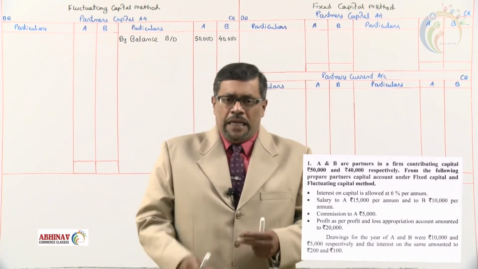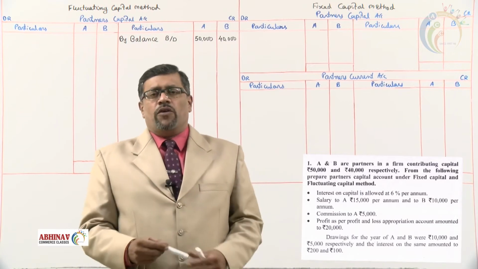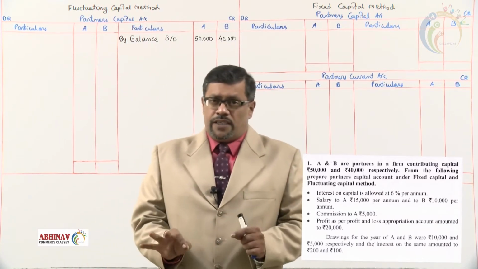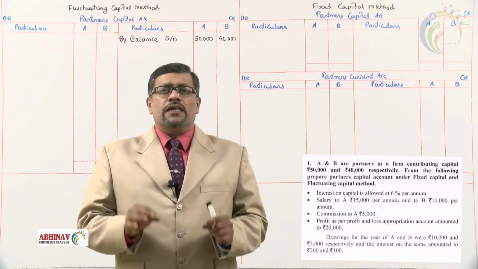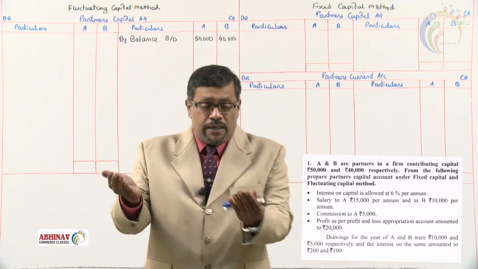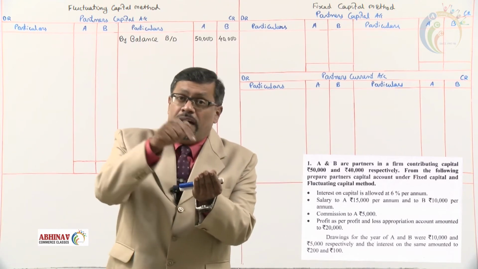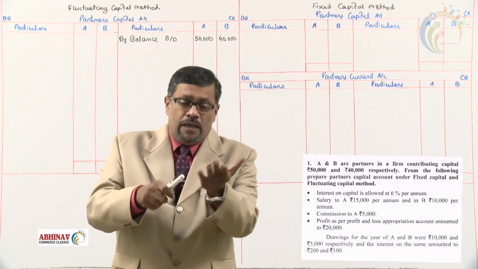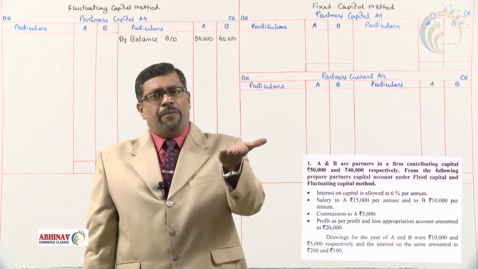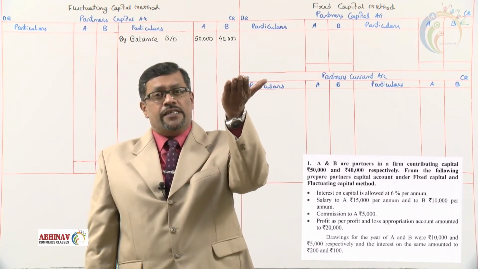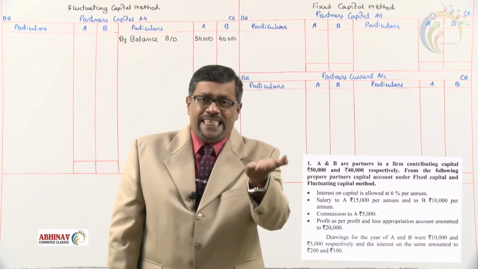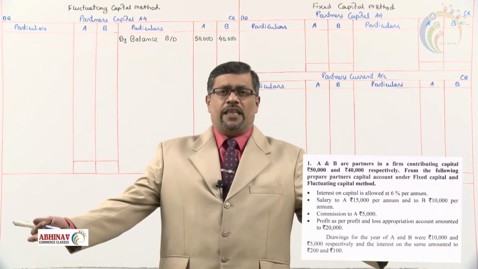Now see the problem further. What is given? The partners are entitled to the following. First, interest on capital is allowed at 6% per annum. Partners invest the capital, so the firm has to give them interest. So when the firm gives the interest on capital, it's obvious that the capital balance of the partners will increase because they are getting the interest from the firm. Increase in the capital is increase in liability.